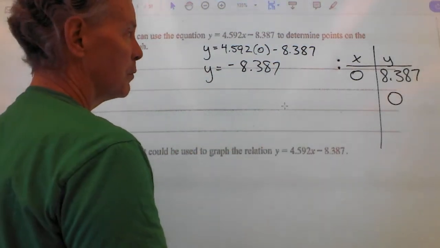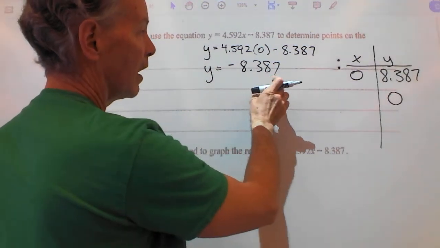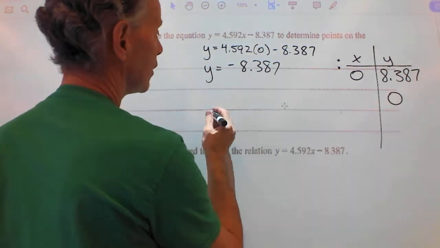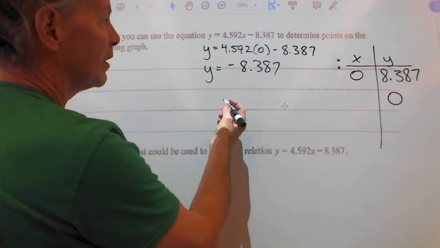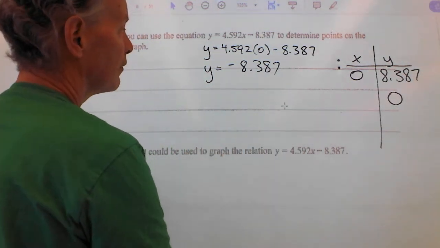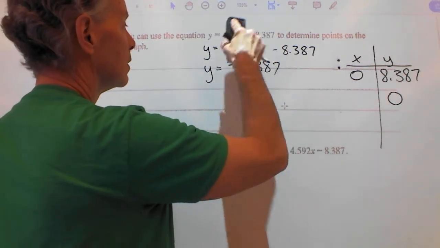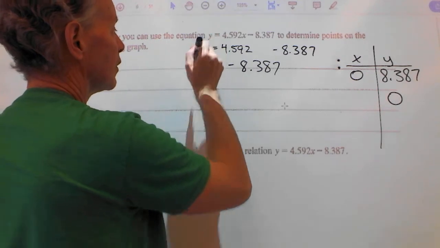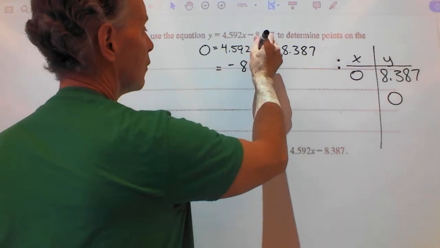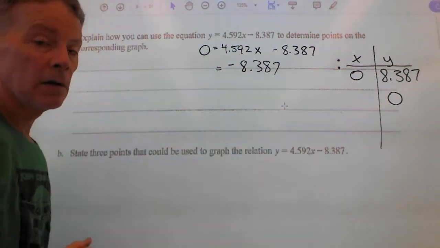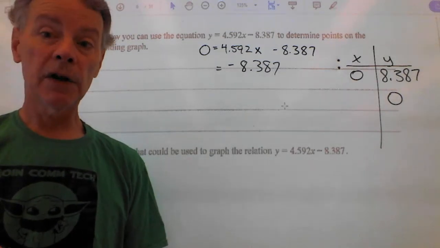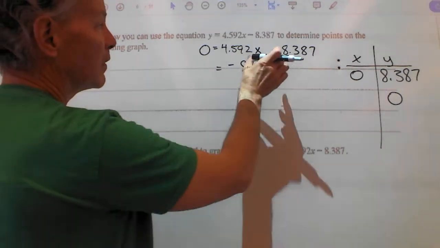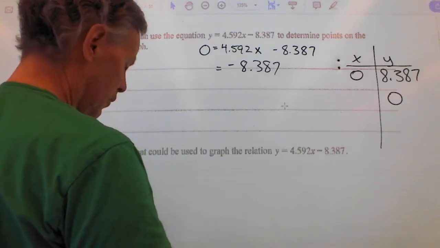Okay? Now we can do the same thing by choosing a y value of 0 to find a second point. So this time, choosing a y value of 0 and subbing it into our equation, and now we have an x value which we have to isolate. Now that makes life a little bit more difficult, but we can still do it.